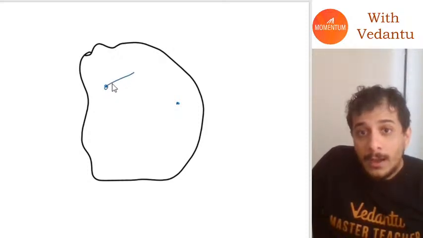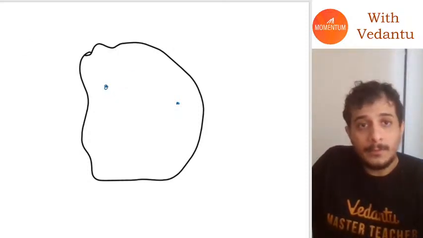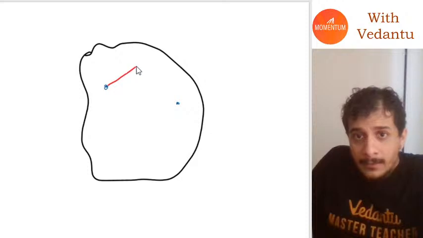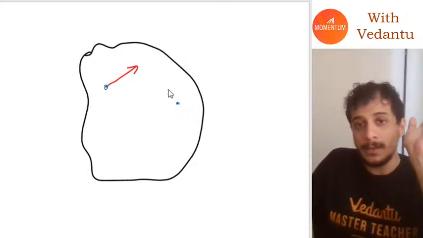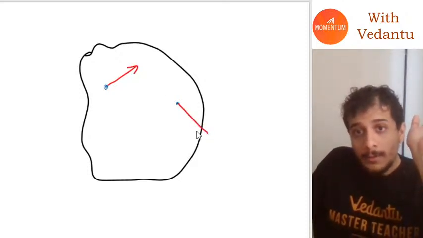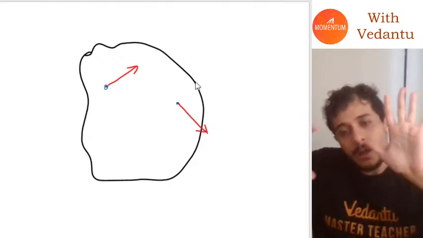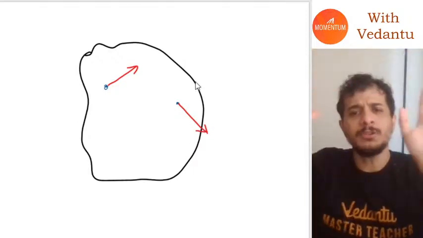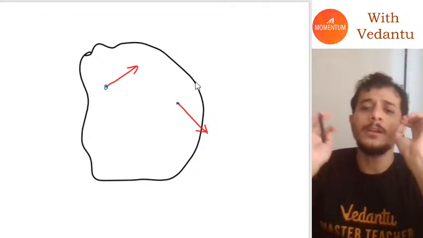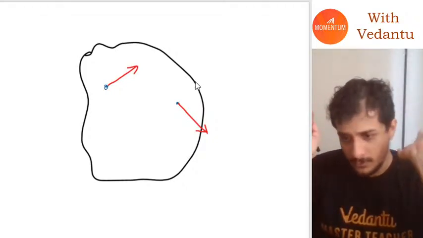Let's say I know that A, the first point, is moving in this direction with a certain velocity, and this point is moving in this direction with this velocity. The body is moving in a very random motion, but these are the two points on this body, and I know they are moving in these particular directions.